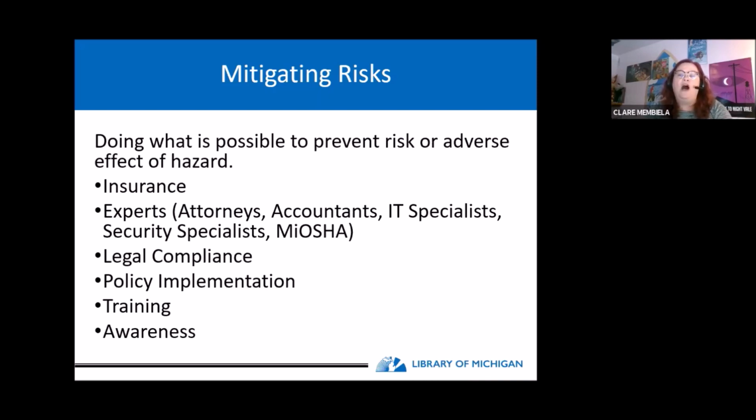So of all of these risks and all of these mitigations, what are the ones that are more important for me to spend my money on? Those are the kinds of things that your attorney and your insurance expert can help you make decisions about.